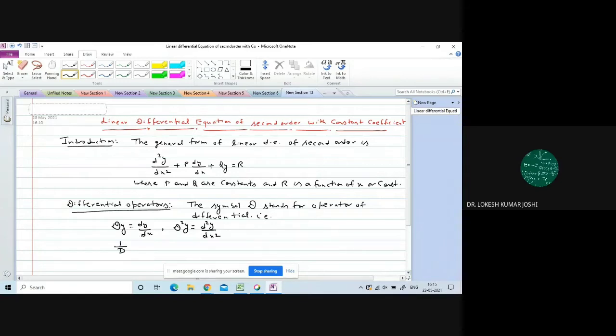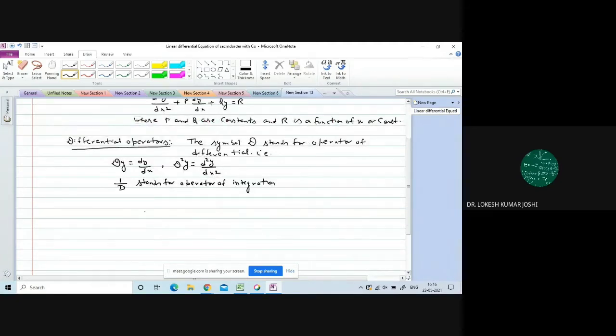It stands for operator of integration. Similarly, suppose I write 1 upon D square. It stands for operator of integration twice.